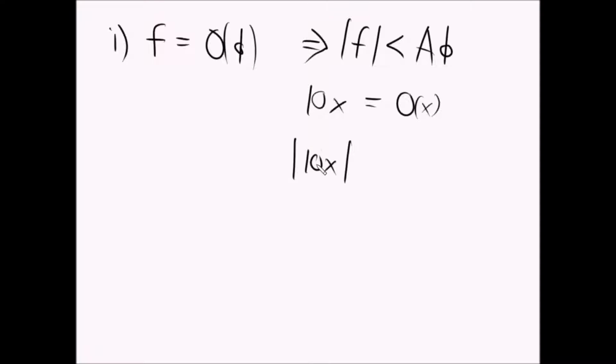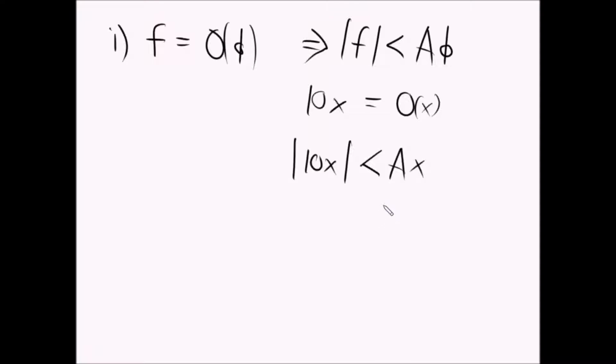But the absolute value of the function 10x can be bounded by a times phi, which in this case is simply the function x itself. We're not doing anything to the input to get phi. In other words, phi maps x to x. If we can find some constant a which gives us a function which always bounds the absolute value of 10x, then we can see that 10x must be big O of x.